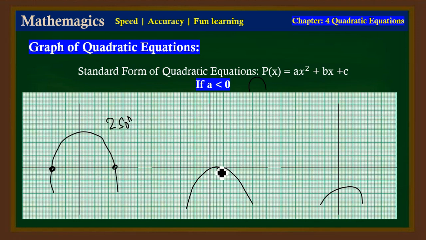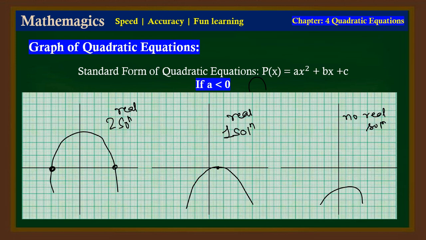Here it has only 1 point of intersection, so one solution. And there is no point of intersection, so no real solution. So here also I'm writing real solution: this is two real solutions, this is one real solution, but there is no real solution here because the two solutions that exist are imaginary. So I hope, dear friends, you have understood.